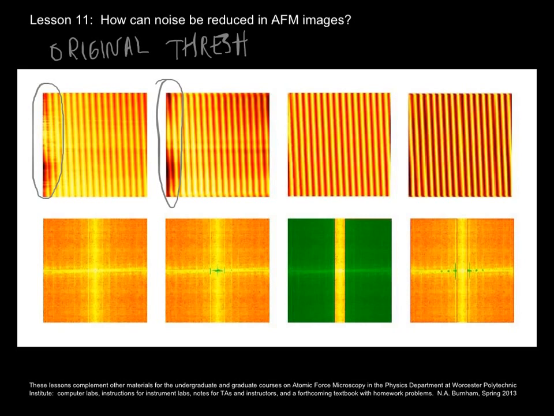And I say it's pretty strong because you can see some distortion here along these edges. So we don't want to increase the threshold, because then we're going to really distort our original data. So let's try a frequency filter.